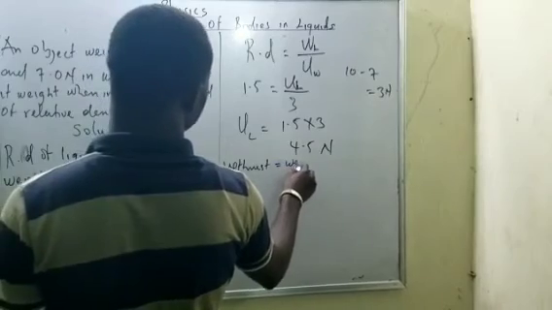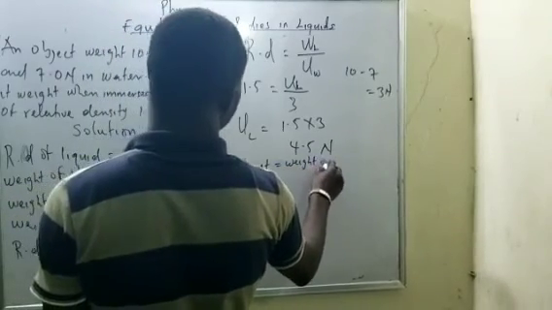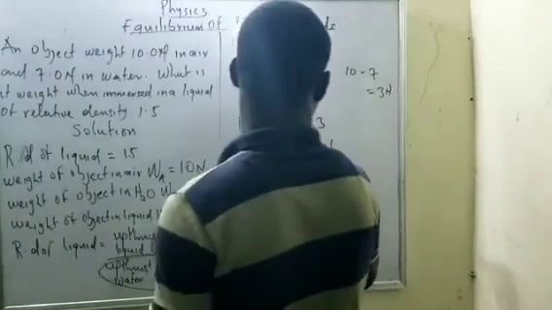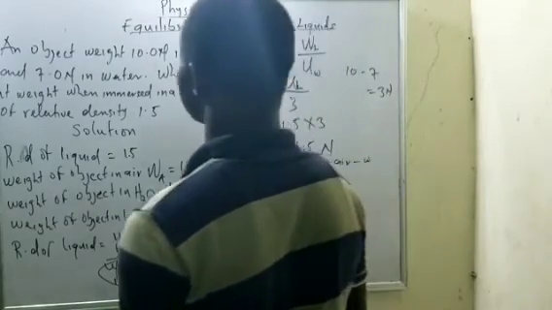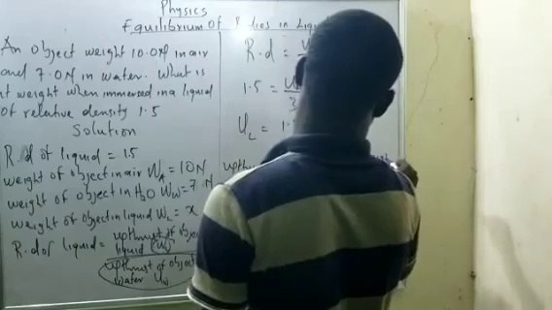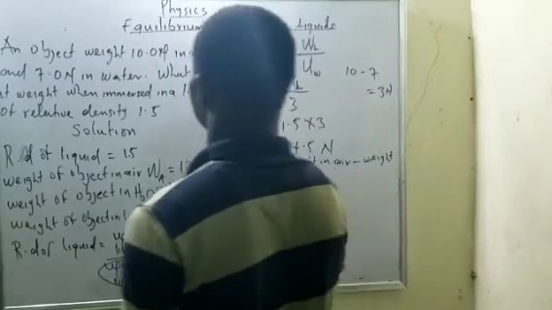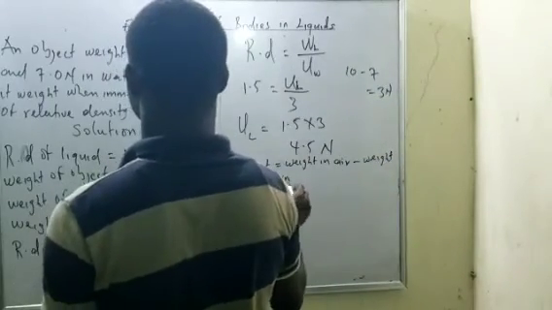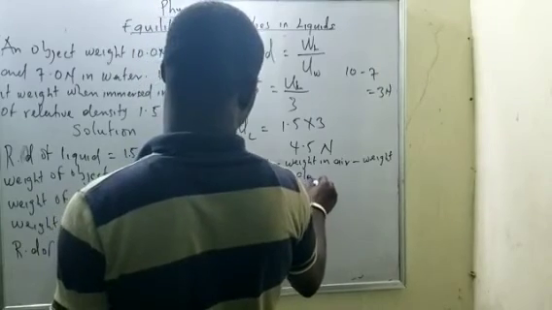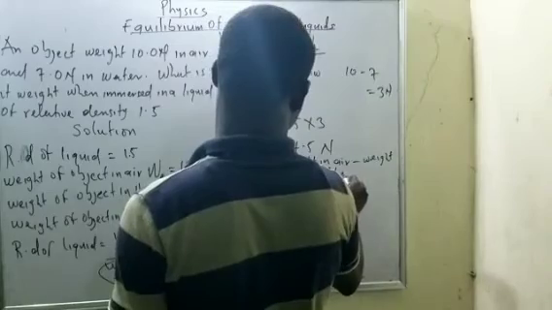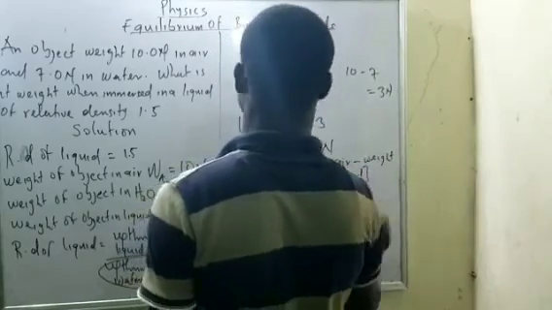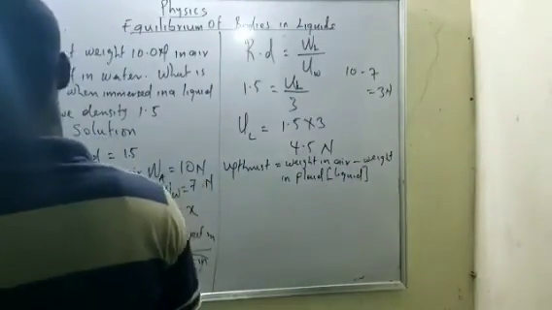Now I will move on by having upthrust equals weight in air minus weight in fluid, which is liquid also. I can call it liquid, anyone, because I'm trying to explain to some.